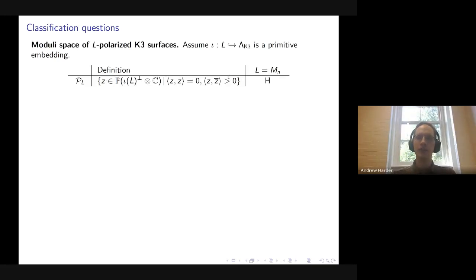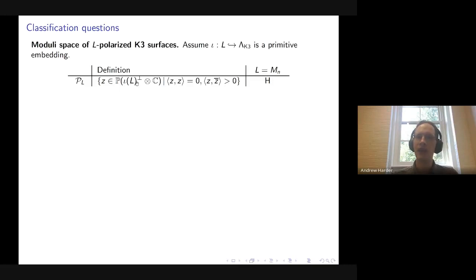If I restrict to the case of Mn, this very big rank 19 lattice that I'm mostly interested in, what I get is not, well, I'm sort of lying here. It's not just the upper half plane H, it's two disjoint copies of the upper half plane. But I'm just going to maintain this fiction for the moment. You can see that this is probably what you should get just from this expression.